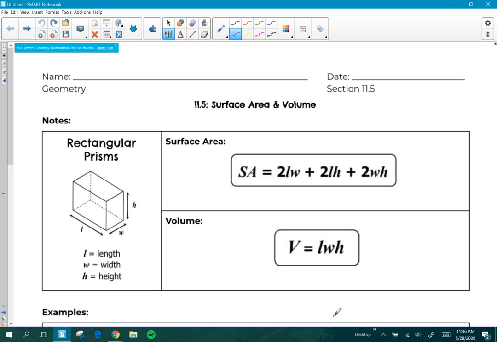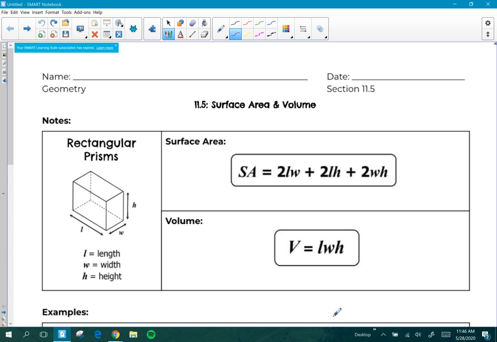I want to explain those a little bit more before we go in depth. When I say rectangular prism, I just want you to think about wrapping a gift in a box for your mom, your dad, your sibling, your grandma, whoever. When I say surface area, if you picture that box, surface area would be the amount of wrapping paper that you need to cover that entire box.